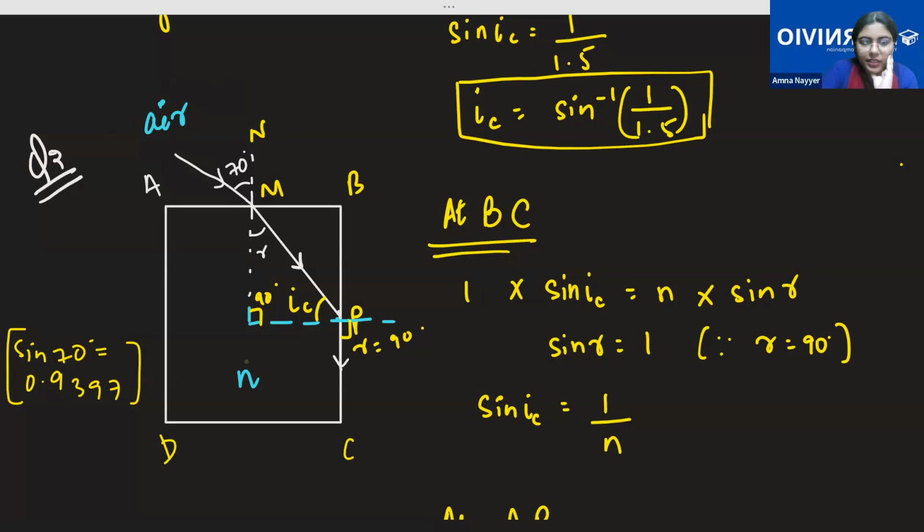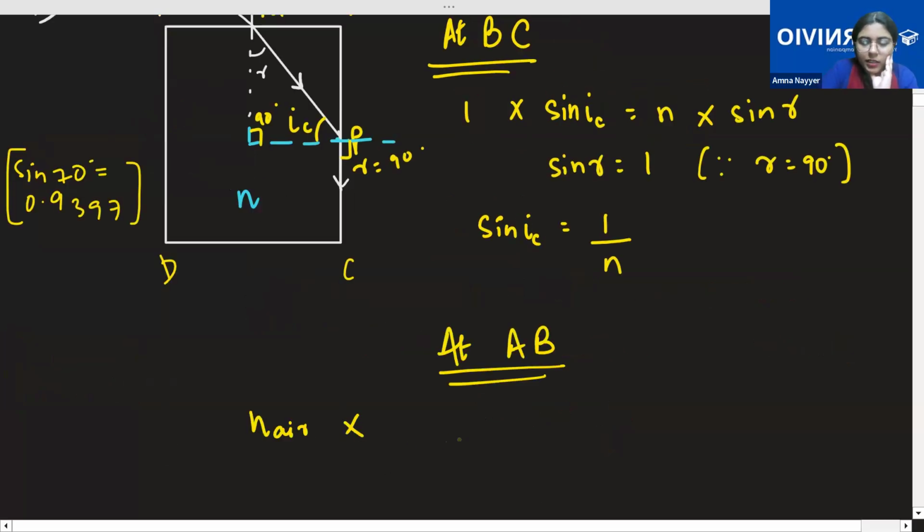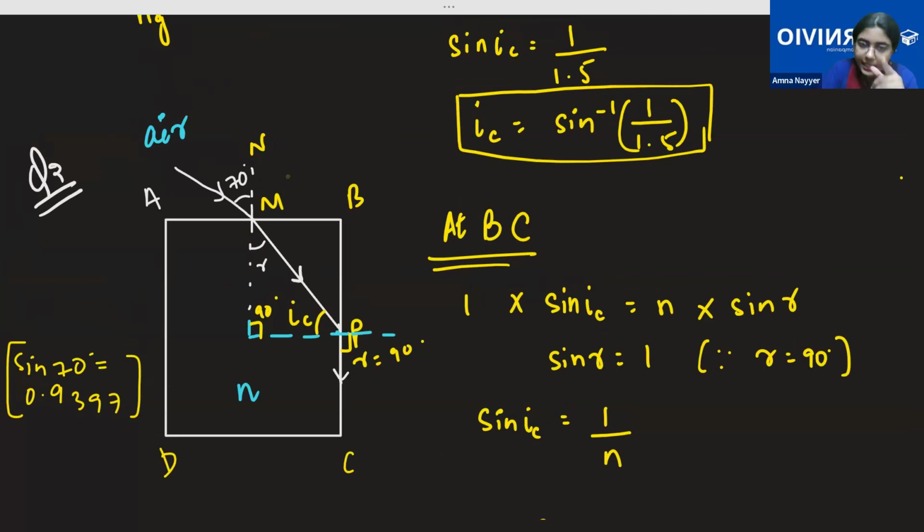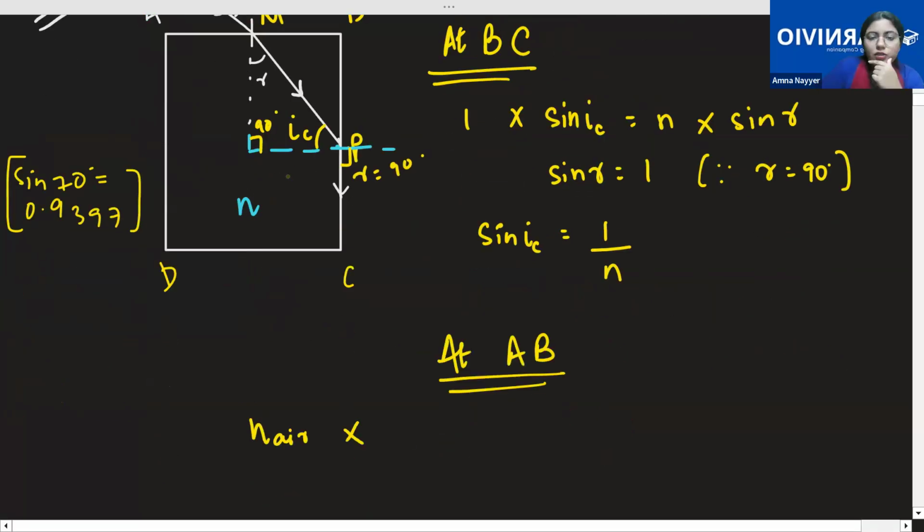What should I write with this? Sine of the angle which is given in the medium. See which angle is given in air. 70. So this will be refractive index of air into sine 70.